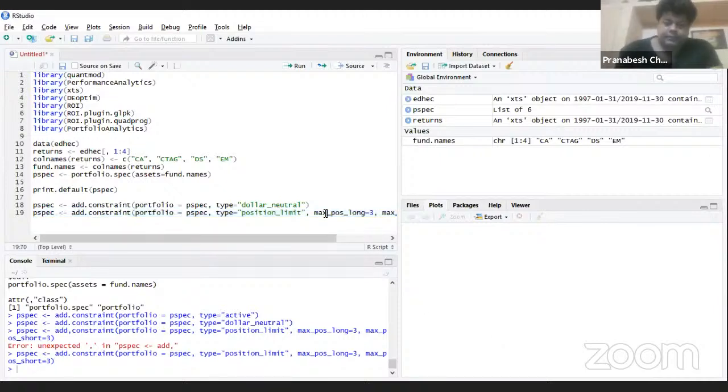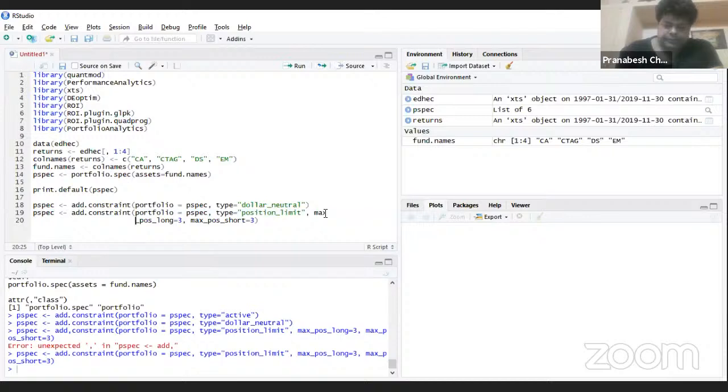Now with this, let's go to our next topic, where we will talk about our capital asset pricing model and our Sharpe ratio, right?